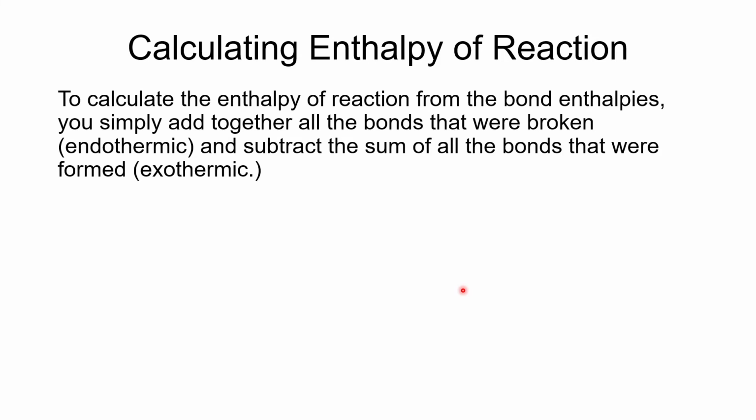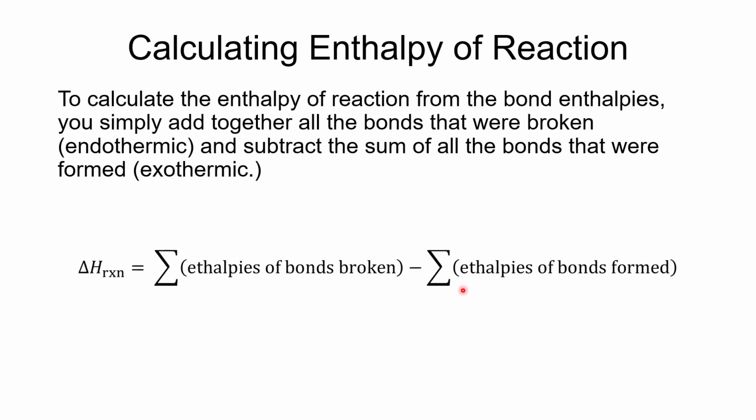All right, and our last topic is calculating the enthalpy of a reaction. We can estimate the enthalpy of a reaction. Anytime we break bonds, those are endothermic, and anytime we make bonds, those are exothermic. So to calculate it, we take the sum of all the bonds that are broken and subtract the sum of all the bonds that are formed.